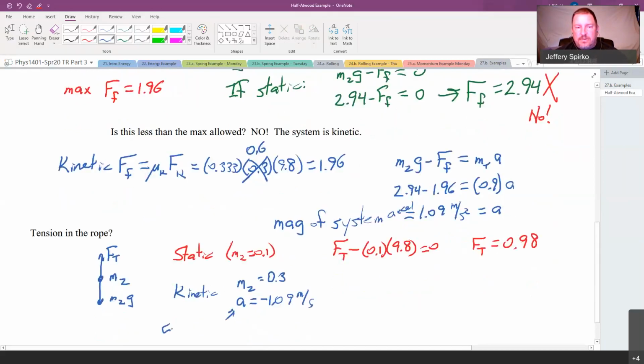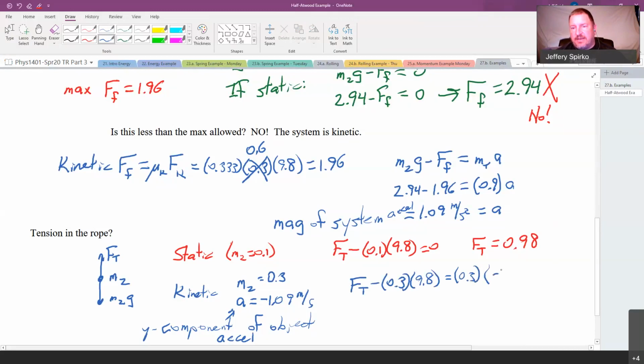This is the y component of the object's acceleration. So then we have force tension minus 0.3 times 9.8 is equal to 0.3, just a single object, times negative 1.09.